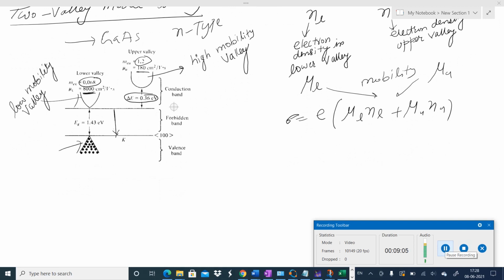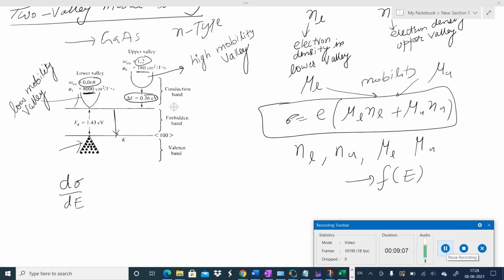Now we know that when an electric field is applied to this gallium arsenide bulk material specimen, the electrons will gain velocity, they will be accelerated, and their mobility and density will be functions of electric field, they will change with electric field.